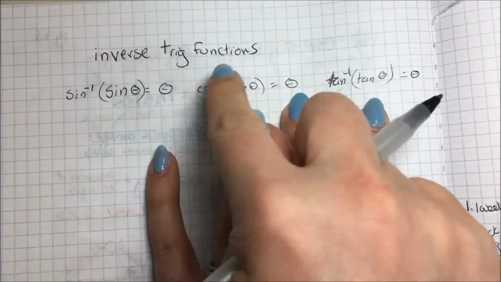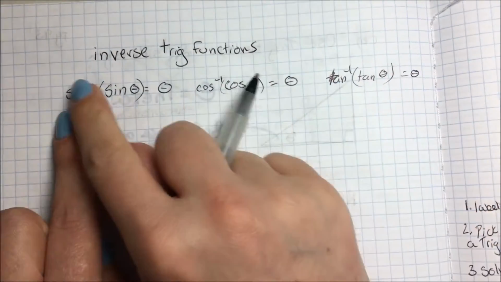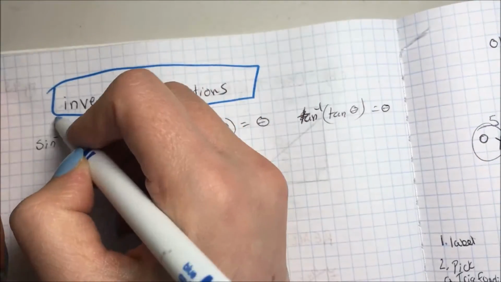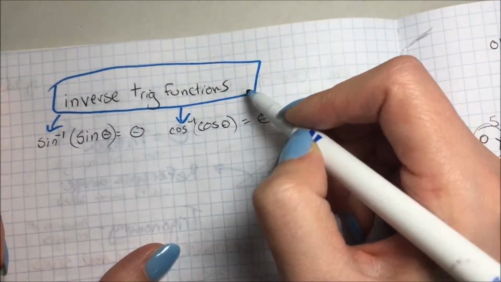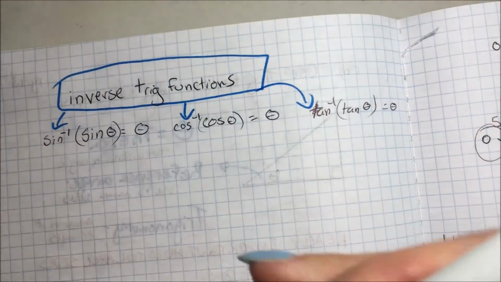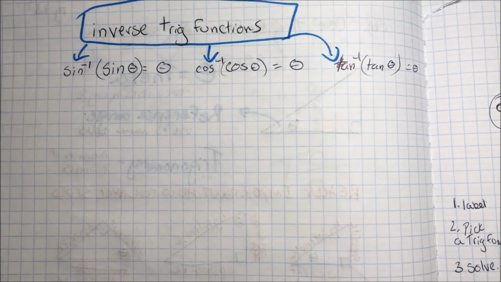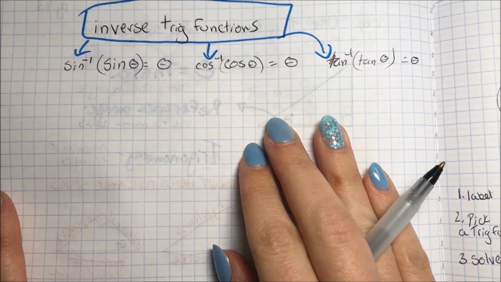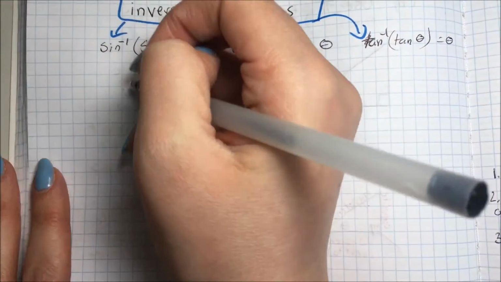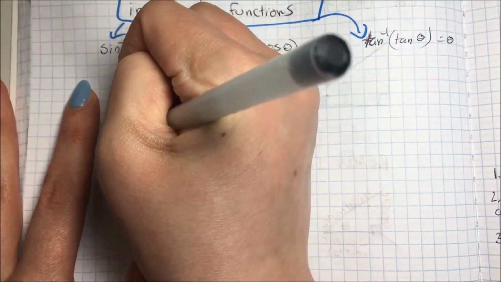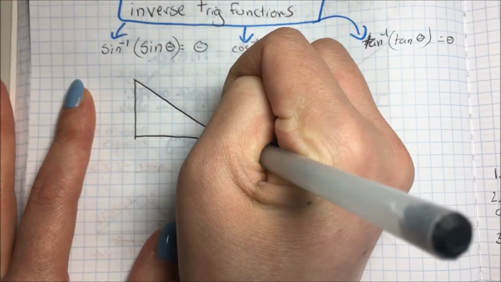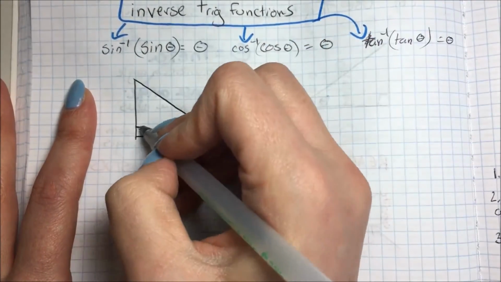So these sine -1, cosine -1, tangent -1 are known as inverse trig functions, and they undo sine, cosine, and tangent. Okay? So here's how I'm going to use them. And I'm going to be rounding to the nearest degree for all of these.